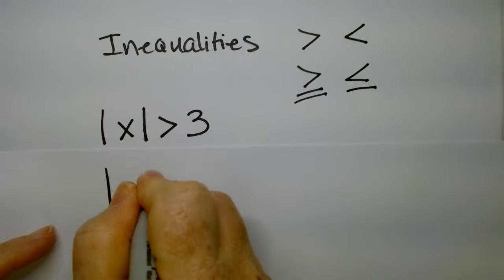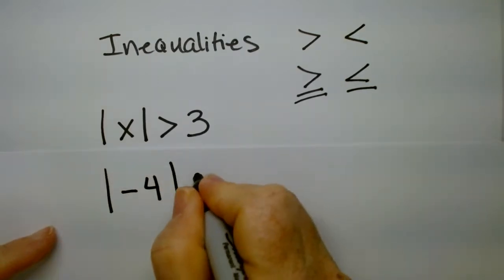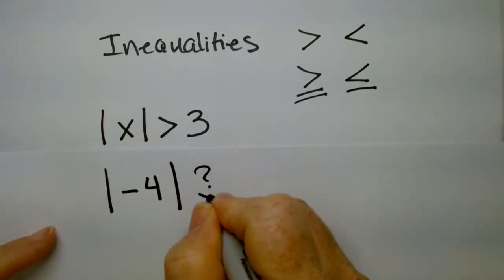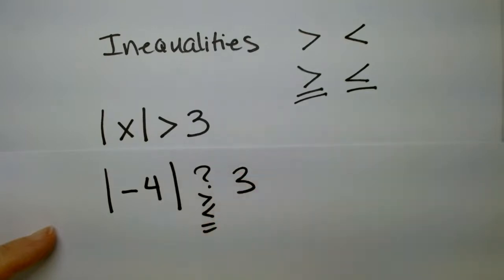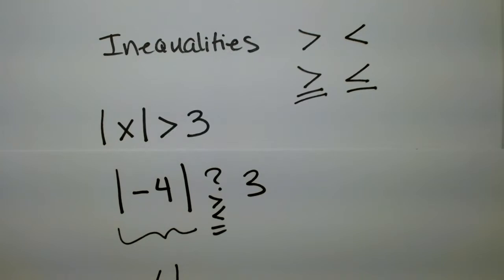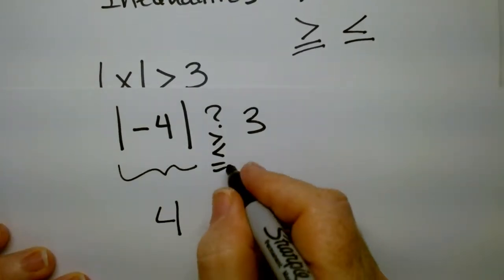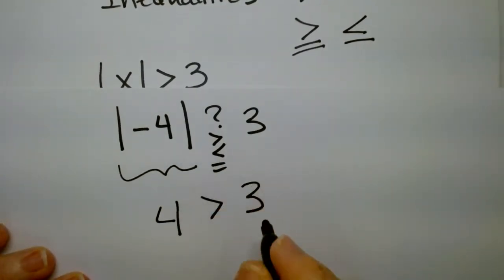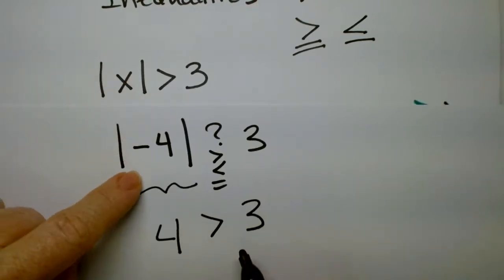Is that greater than 3? It is, because the absolute value of negative 4 just means 4. So when we take the bars off, we take the negative sign with it. So it just means 4, and 4 is greater than 3. So yeah, this would be true. So negative 4 works too.